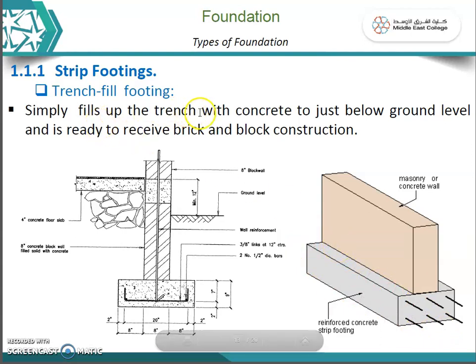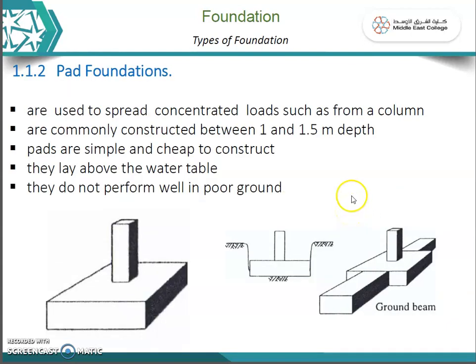It simply fills up the trench with concrete to just below ground level and is ready to receive brick and block construction. So it is to transfer the whole load of the wall. So this is much useful for load bearing structures.